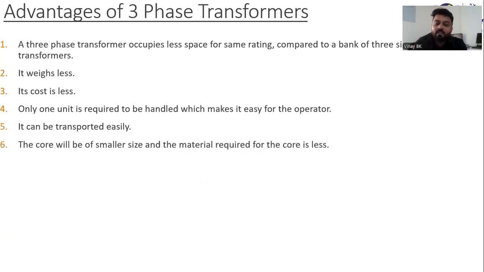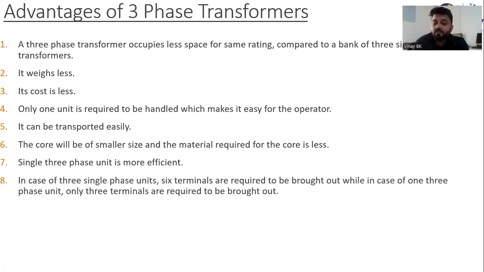And the core will be of smaller size, and the material required for the core is less compared to a bank of three single-phase transformers. Also, a single three-phase unit is more efficient. A bank of three single-phase transformers totally has six terminals which are required to be brought out, while in the case of one three-phase unit, only three terminals are required to be brought out.